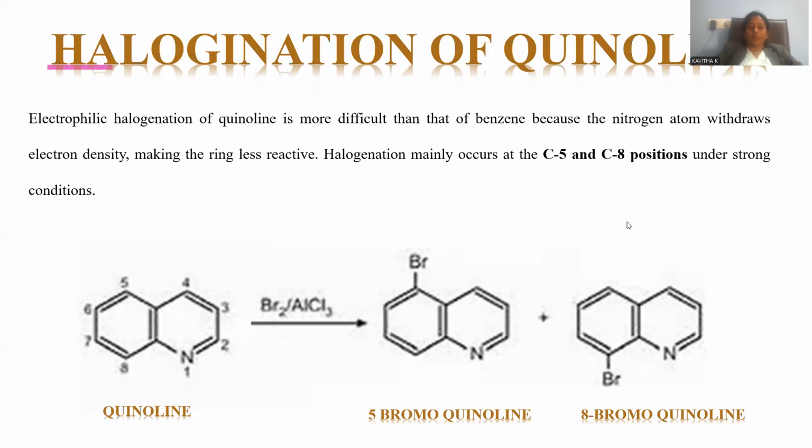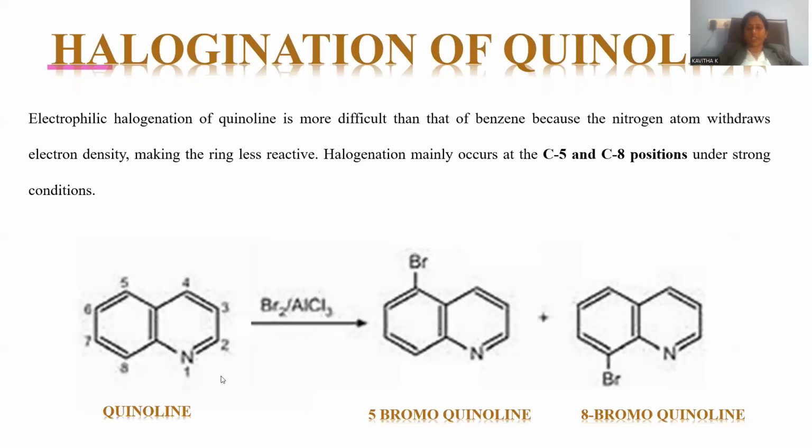Halogenation is performed on this quinoline molecule with bromine dissolved in AlCl3. It is said to be Friedel-Crafts bromination itself, and gives rise to a mixture of two products: bromo substitution at the fifth position and the eighth position, so that 5-bromo and 8-bromoquinoline are generated.